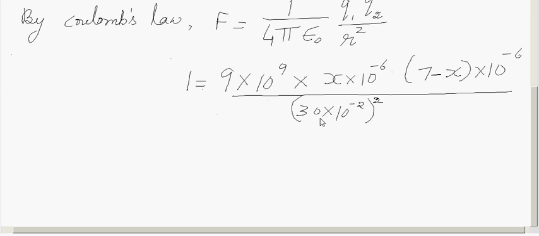Now we have to simplify this. So 30 into 10 to the power minus 2 can be written as 0.3 also.